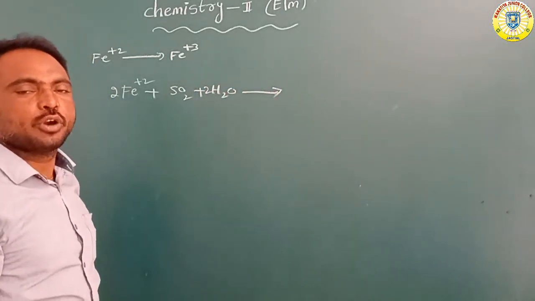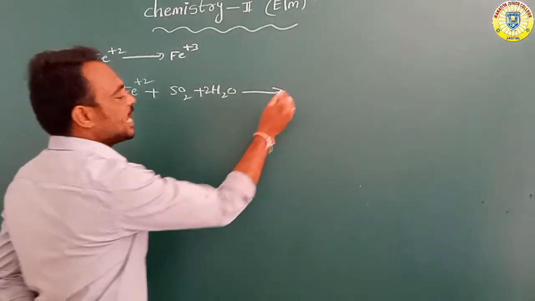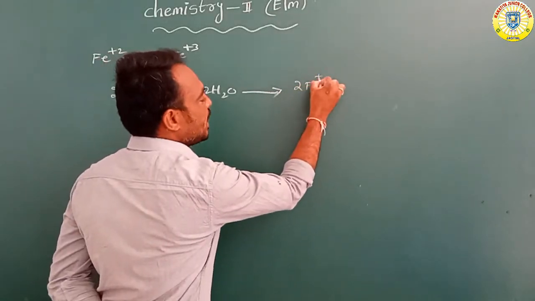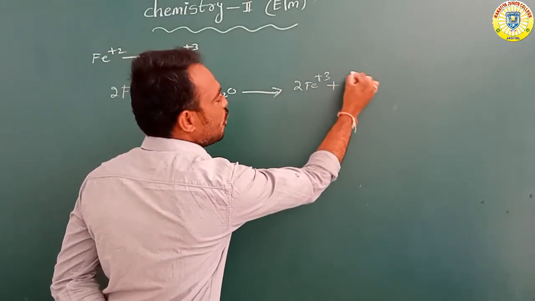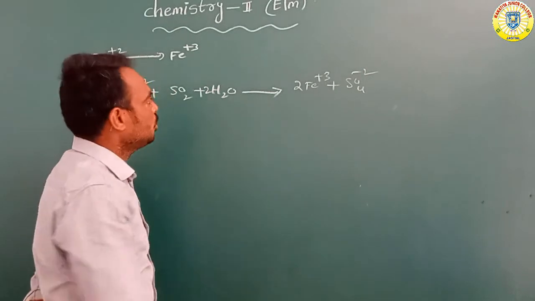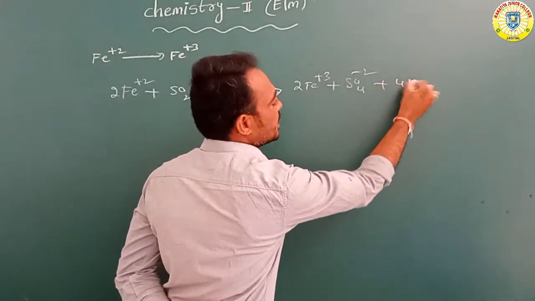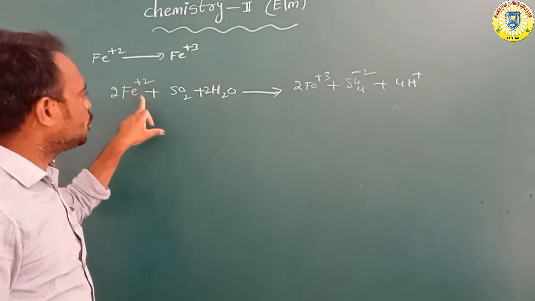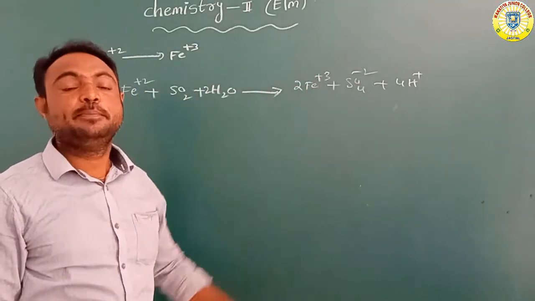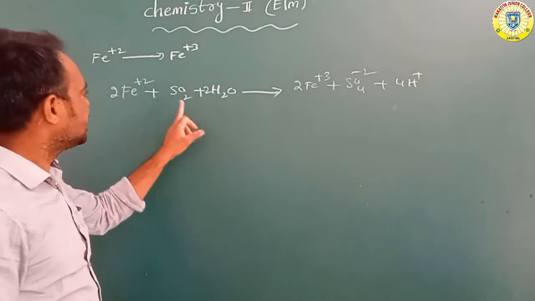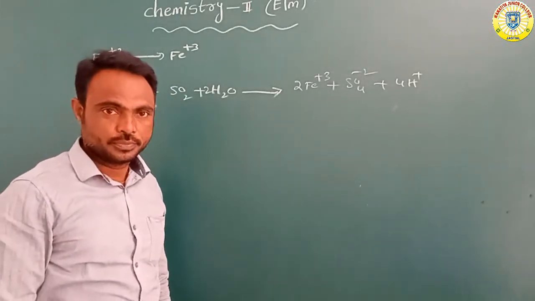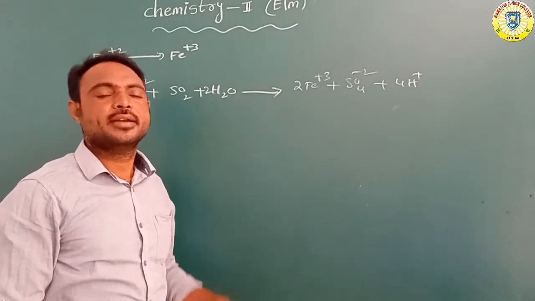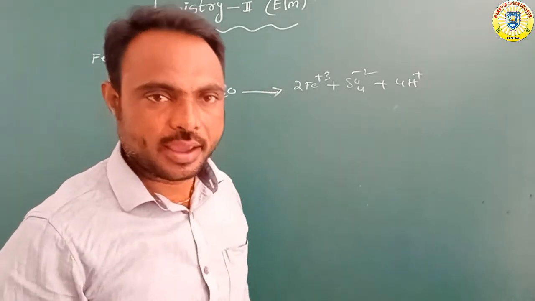In this reaction we form Fe+3, SO4 2-, and 4H+. So Fe+2 ions are converted to Fe+3 ions in the presence of SO2.